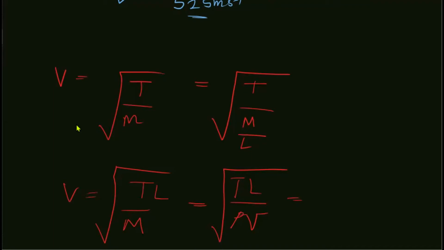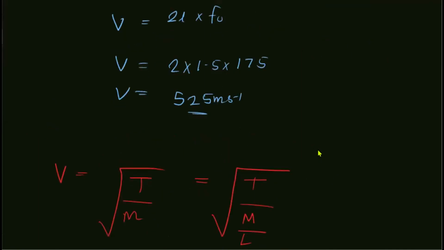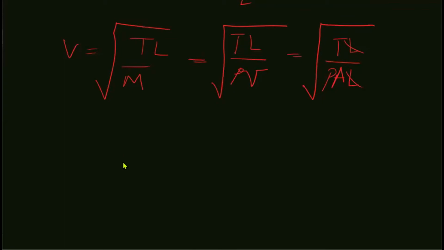So further you can write T L over rho times volume. Volume of the string is the cross-sectional area into the length. So this cancels out, and what remains is V equal to root T over rho A.